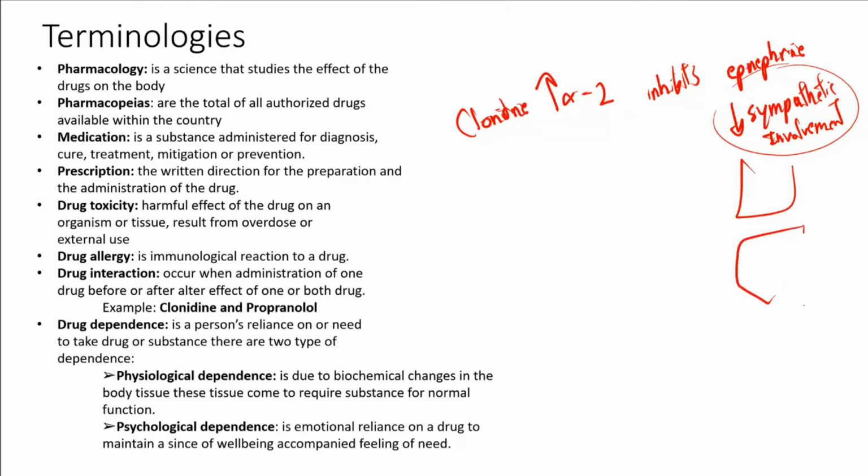Epinephrine is excitatory for the sympathetic nervous system, and it leads to activation. So we have no epinephrine in the synaptic cleft. Okay, so when Clonidine is withdrawn, right? No Clonidine. Therefore, epinephrine will pool up. There'll be an influx of epinephrine in the synaptic cleft.